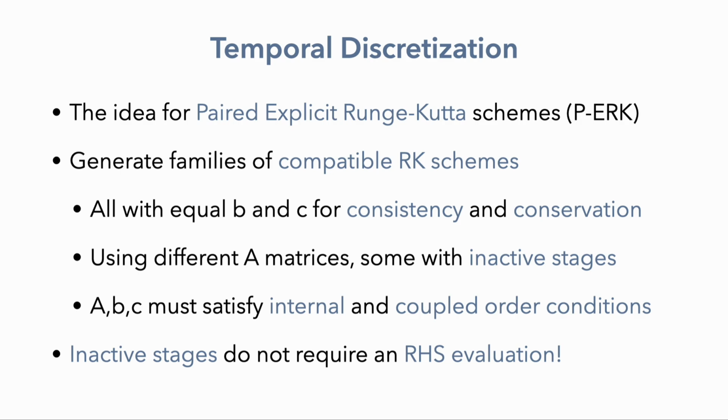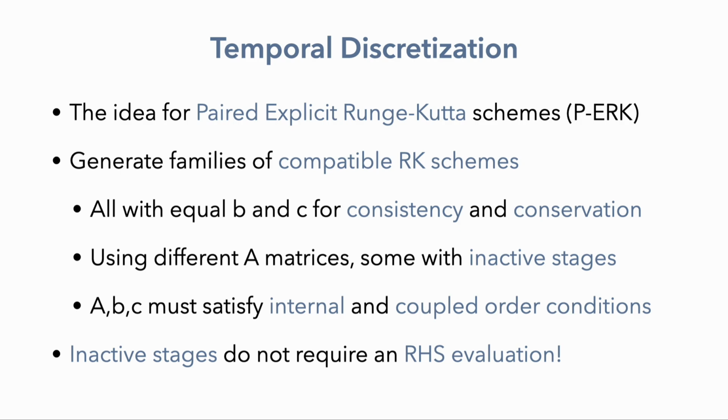The basic idea is to generate families of compatible RK schemes. Now these RK schemes have to all have the same B and C vectors in their Butcher tableau. And this is to make sure that they're consistent with each other, meaning that everything is evaluated consistently at the same stage times, and to ensure that we have conservation, meaning that things like mass, momentum, and energy are conserved.